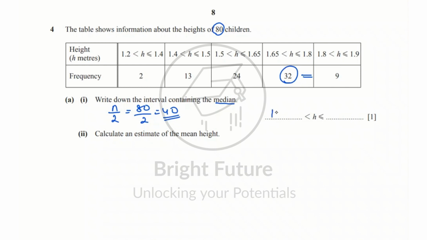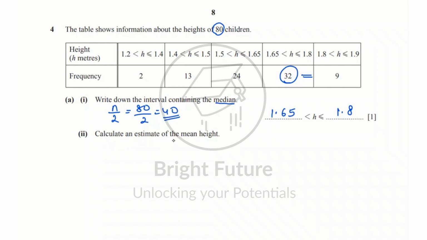So 1.65 to 1.8 is the median class. Or else you can do one thing, 2 plus 13 plus 24 plus 32 gives you 39. So it comes over here. Median.